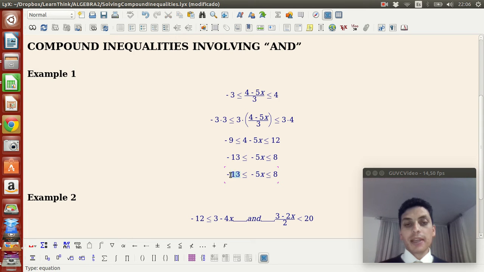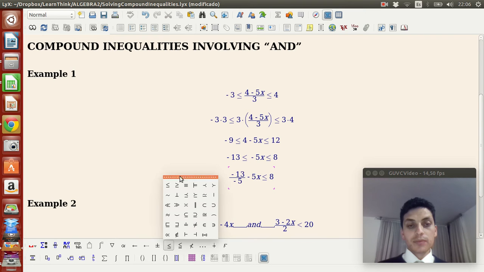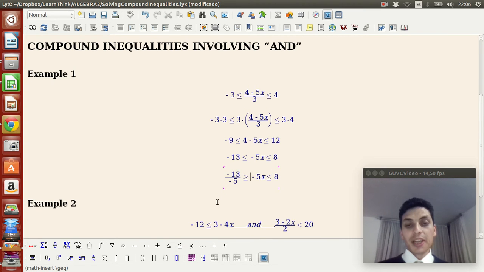If I divide by a negative number, I have to reverse, or change, the direction of the inequality. So we're going to divide by minus 5 and change the direction.